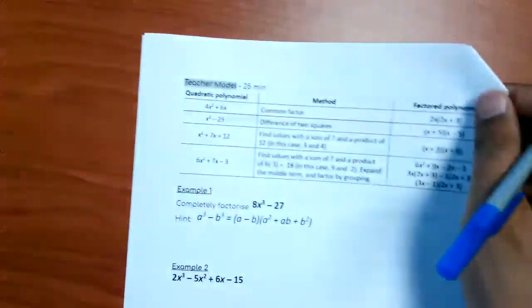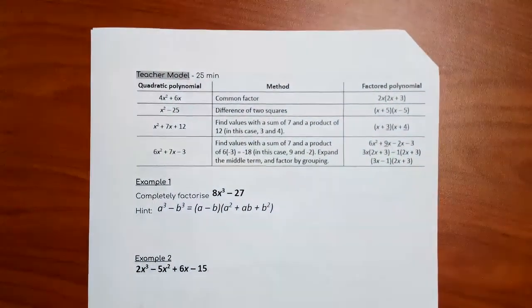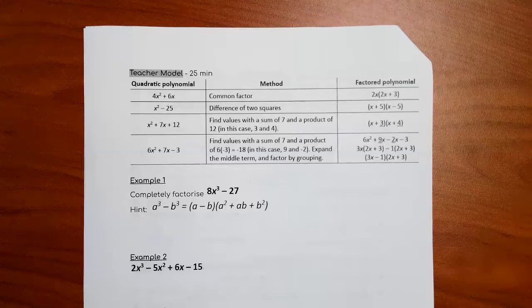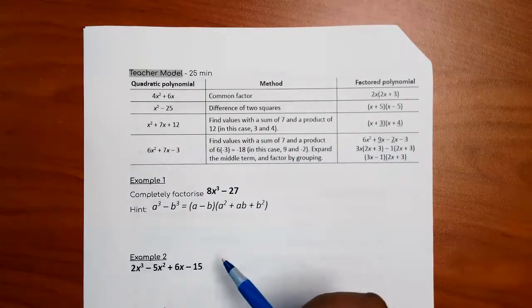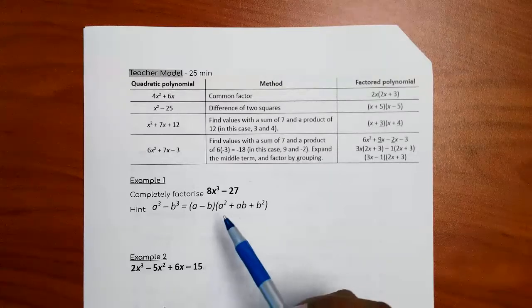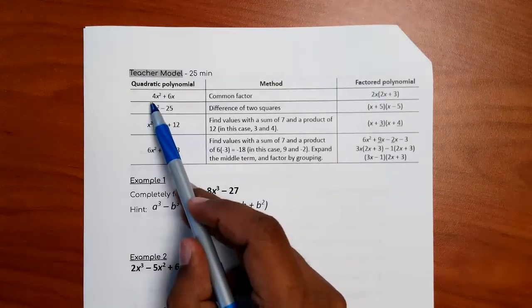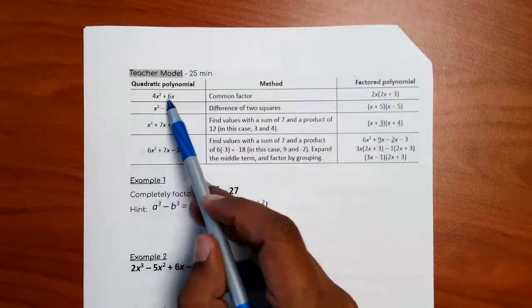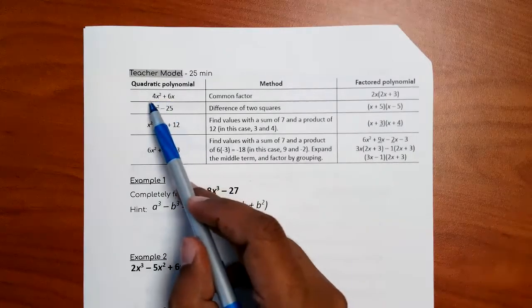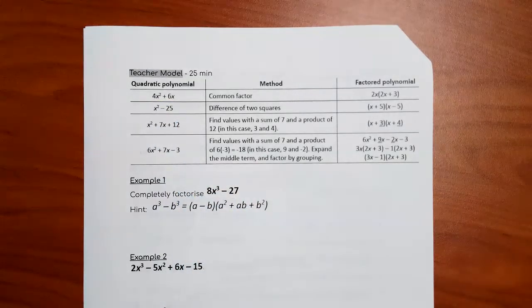And here in this table, you can see that we have a few examples. Mostly all of these are quadratic polynomials. But in the first case, we see 4 and 6. 2 is the common factor in these numbers. And between x squared and x, we can have x as a common factor.